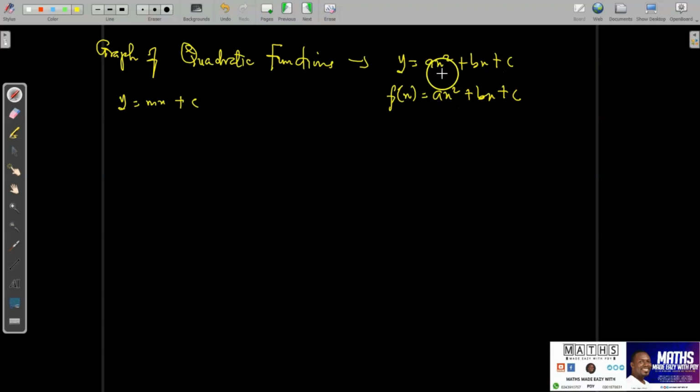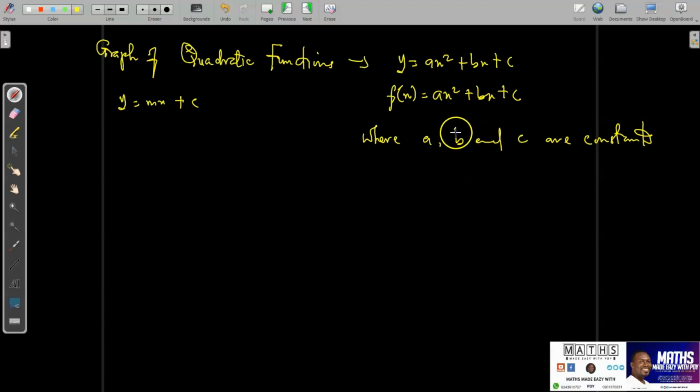So that is the general rule for all quadratic functions. The highest power of the variable under discussion is 2, where a, b, and c are constants.